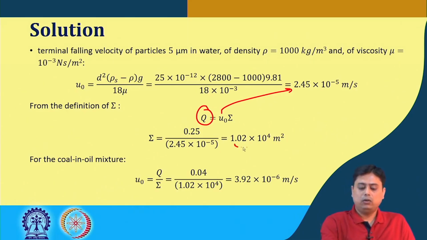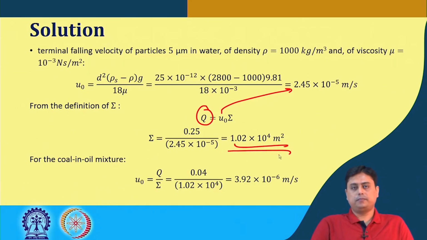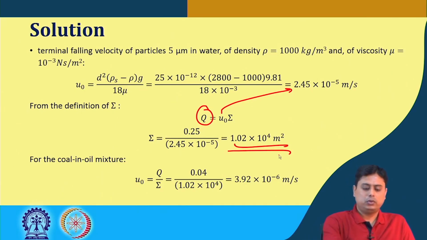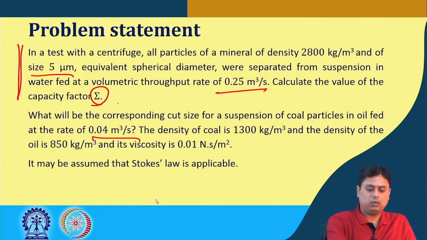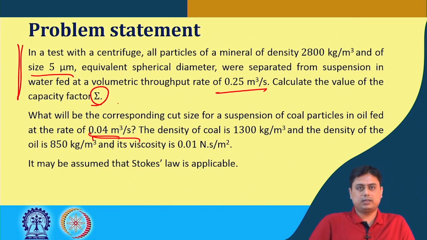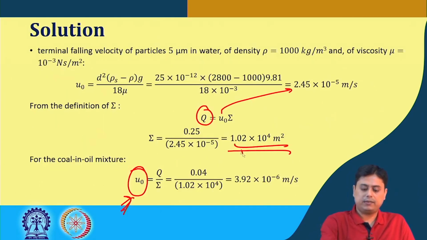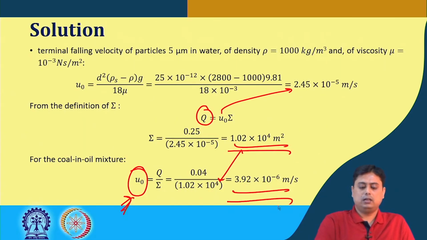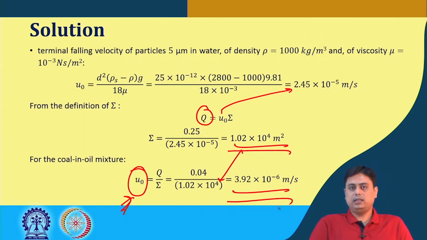So, we can easily find out the capacity factor. Now, the same centrifuge is being used, but for a different flow rate and different feed quality. In that case, the flow rate desired in the second part, which is 0.04 meter cube per second, divided by this capacity factor, gives us the required terminal velocity, which is the minimum requirement.